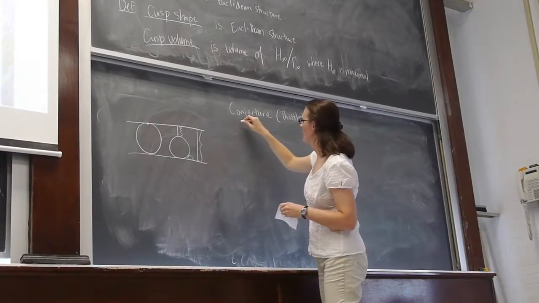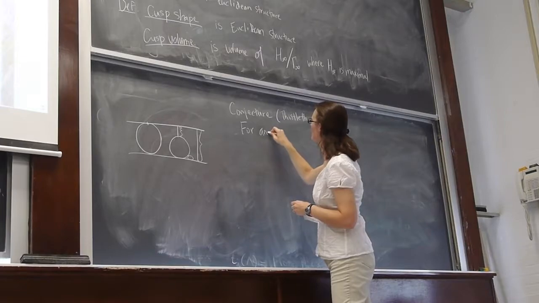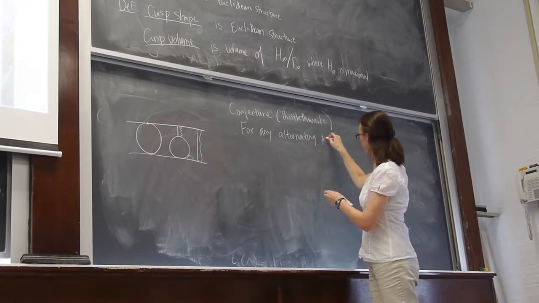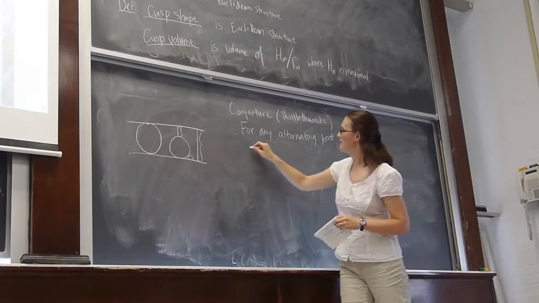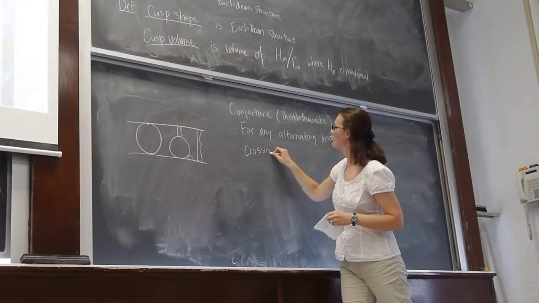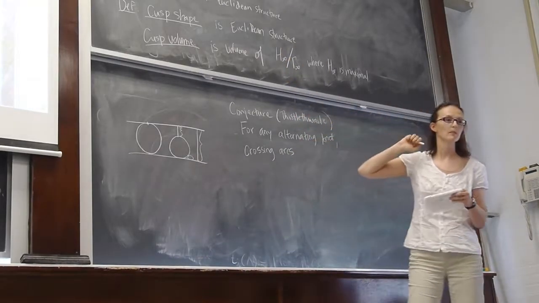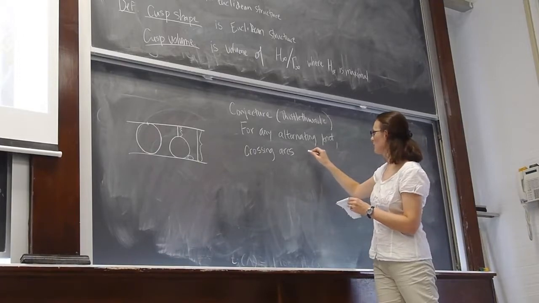He conjectured that for any alternating knot, these crossing arcs, which are the arcs which run from the top of the crossing to the bottom, are short.